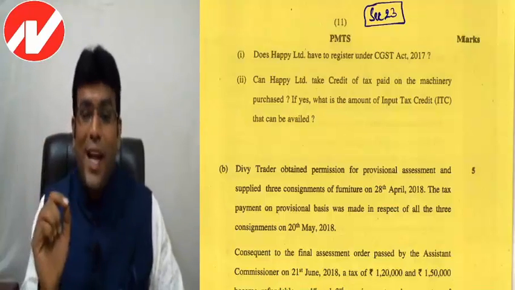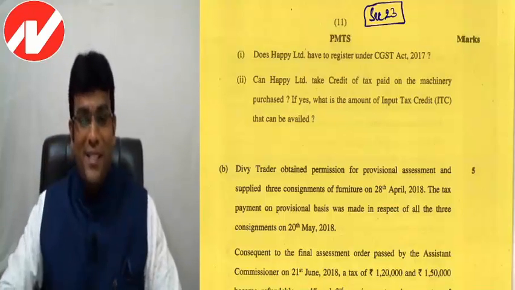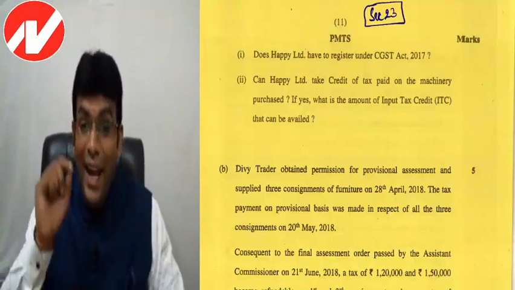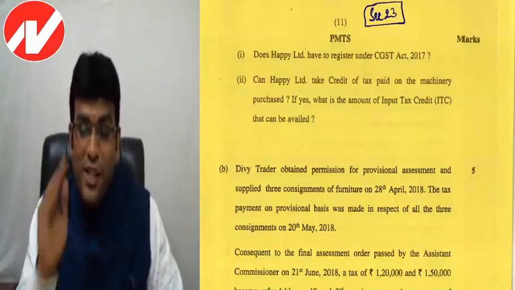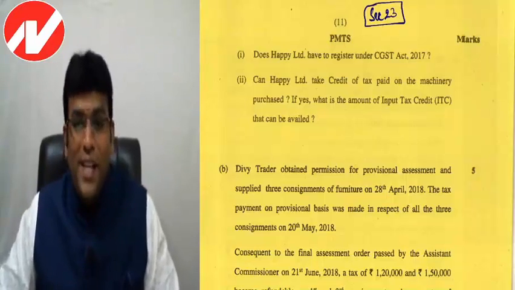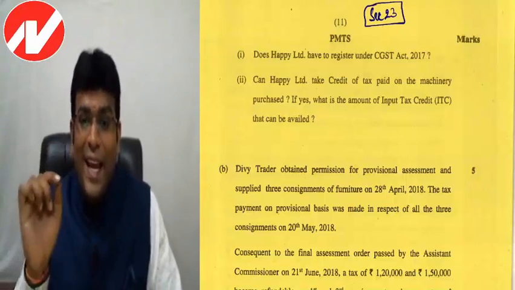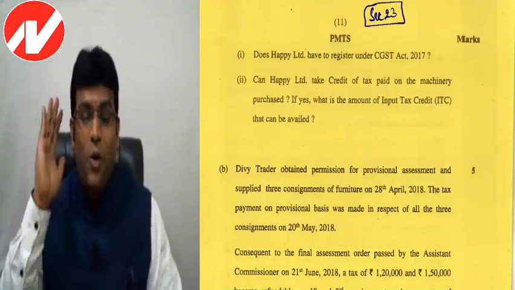But one point is that any person engaged exclusively in exempt supply, for him registration is not required. I repeat one more time, my dear friends. For any person engaged exclusively in exempt supplies, registration is not required.